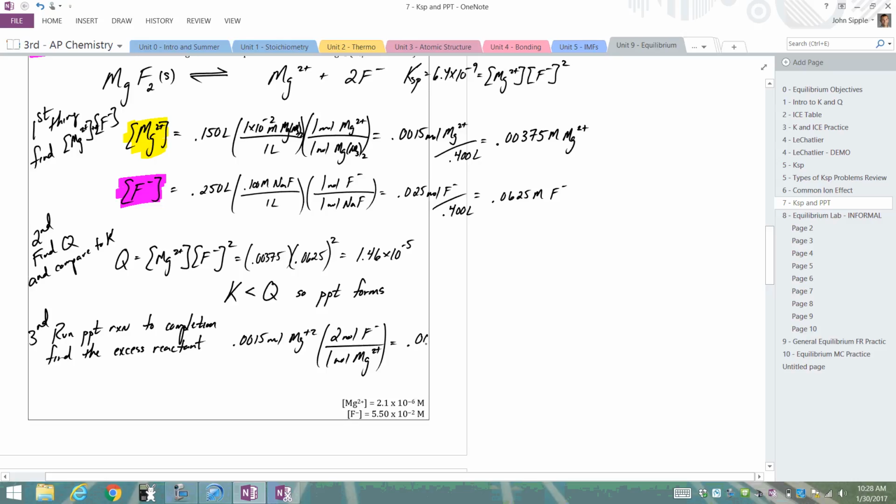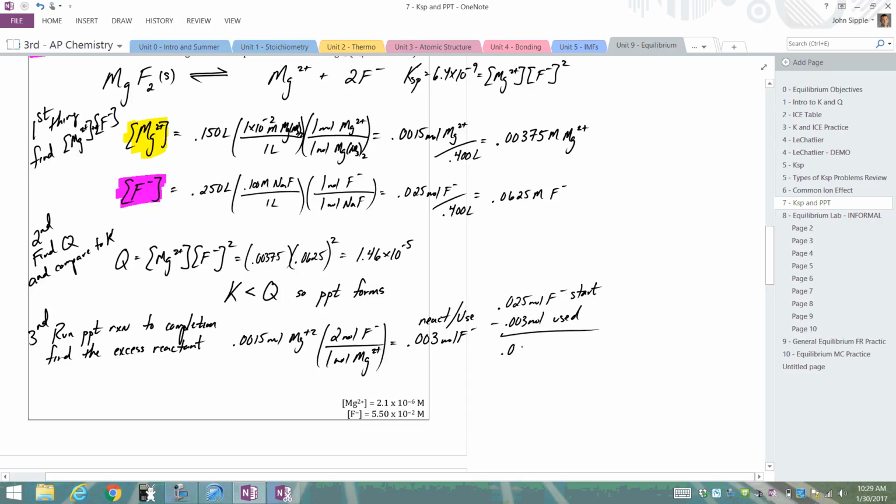That makes 0.003 moles of F minus. This is how much would react, or how much we're going to use. Well, we started with 0.025 moles of fluoride ions, minus the 0.003 moles used. That's how much we started with, that's how much we're using.